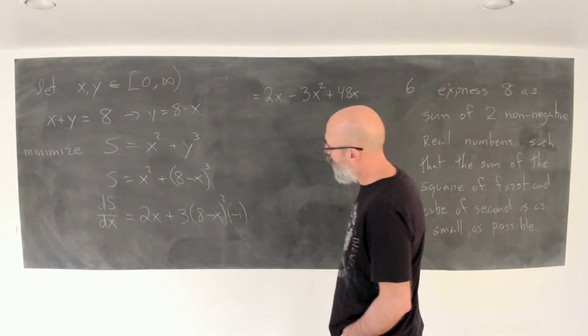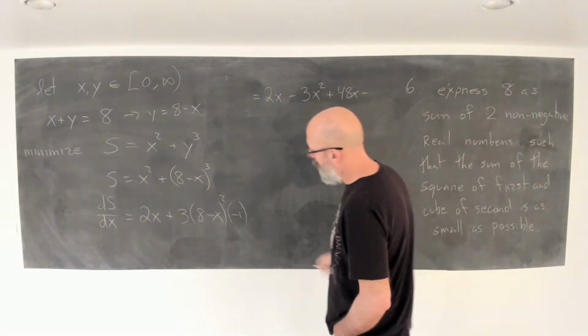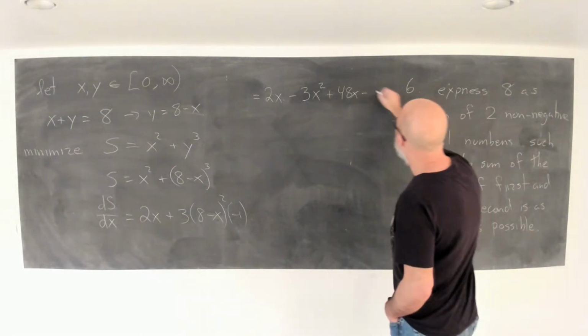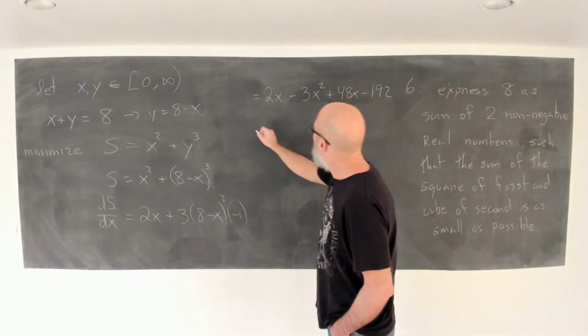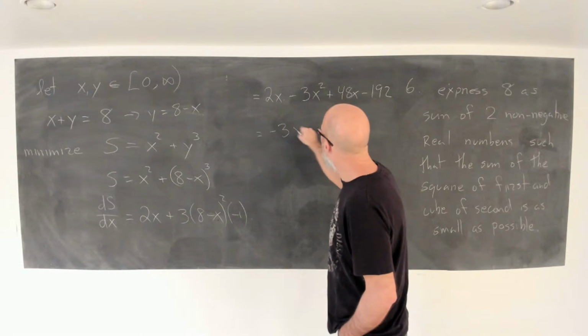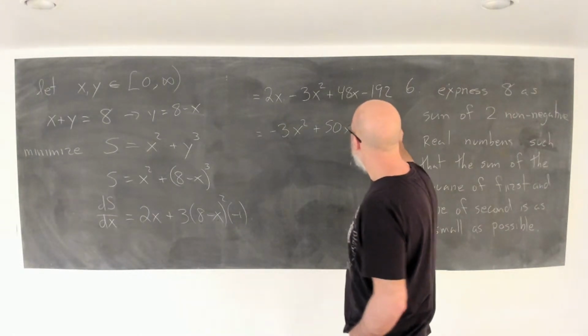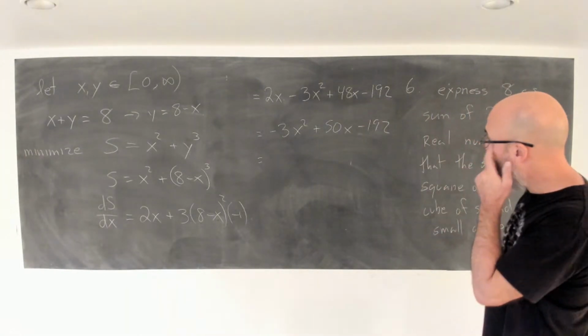And 64 times 3, 18, 19, 2. So this is minus 3x squared plus 50x minus 192. I don't know how that factors.